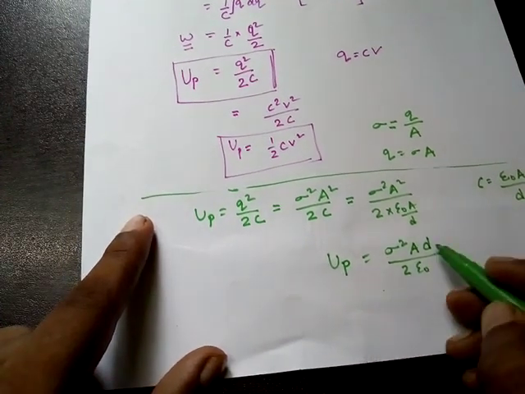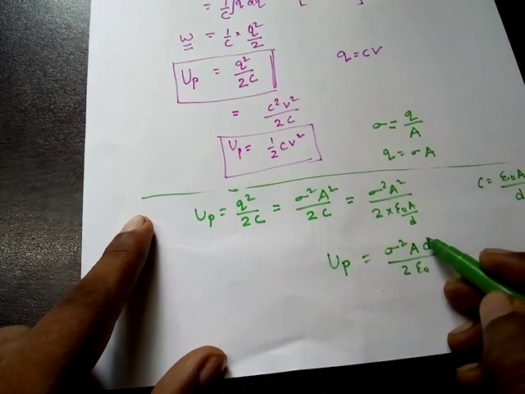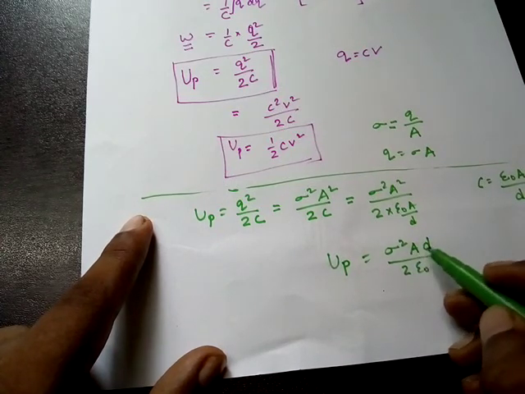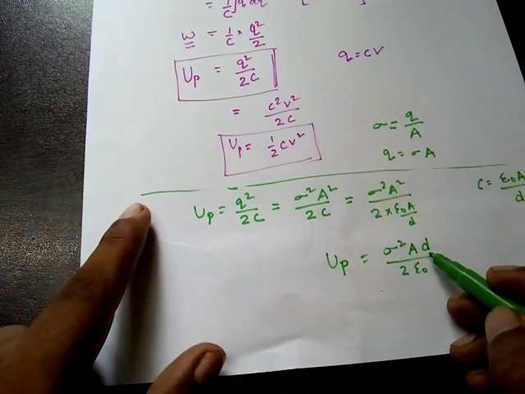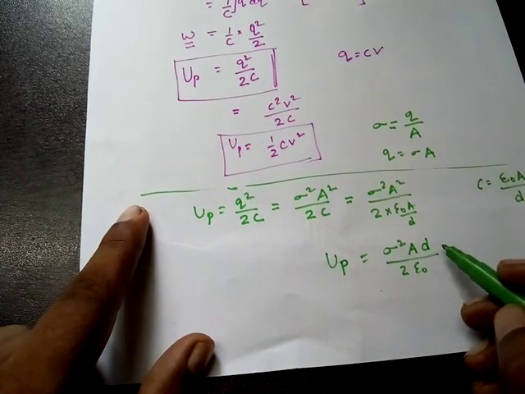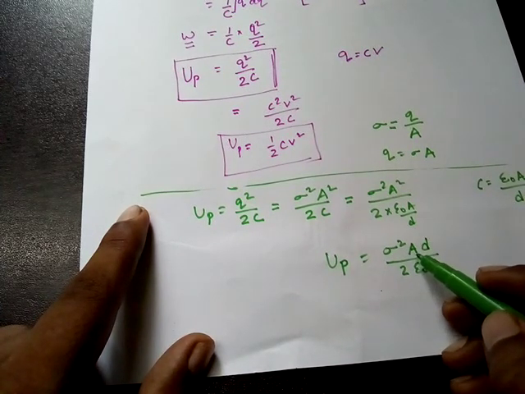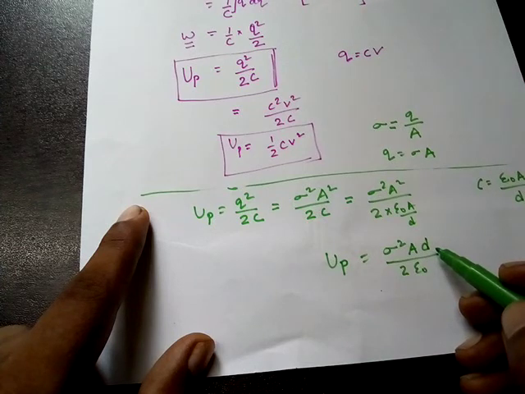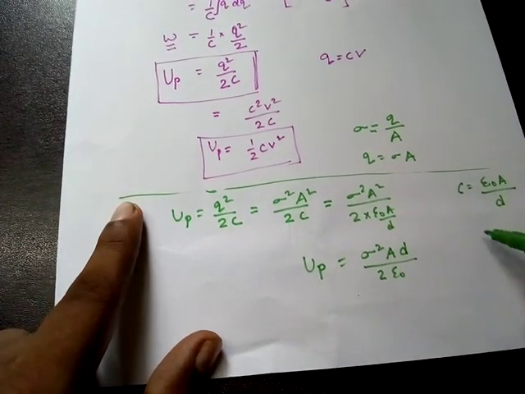Now what is this A d? Actually A is the area of the plate and d is the separation between the plates. What does it mean?